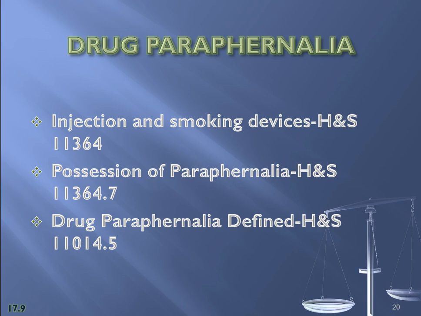Now listen though, until January 1st of 2021, as a public health measure to prevent the spread of communicable diseases, this prohibition does not apply to possession of hypodermic needles and syringes for personal use if lawfully provided by a physician or an exchange program.